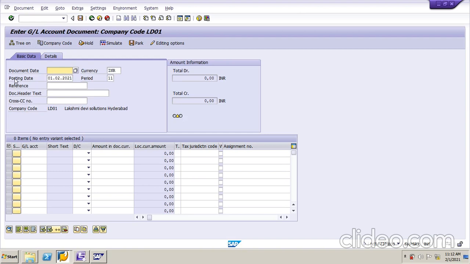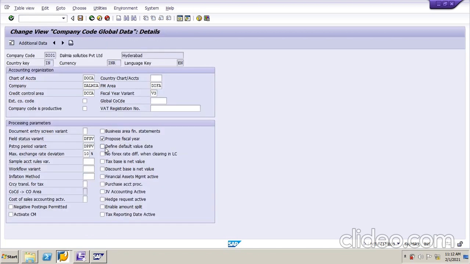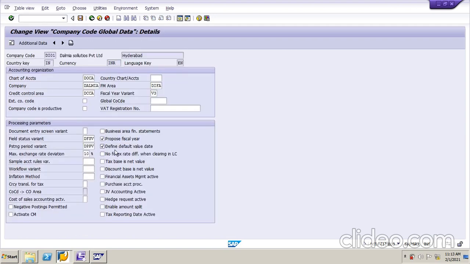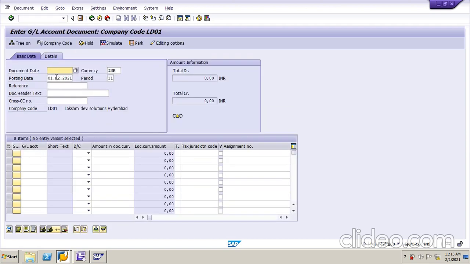You can see here, right? Posting date, value date: automatically, here I did not enter the posting date, like that value date also. The system will take today's date automatically. So if you tick mark define default value date, the system will take the value date automatically. Document date we have to give, but posting date and value date will be taken by the system automatically. So always tick mark the value date. We need not enter it every time.